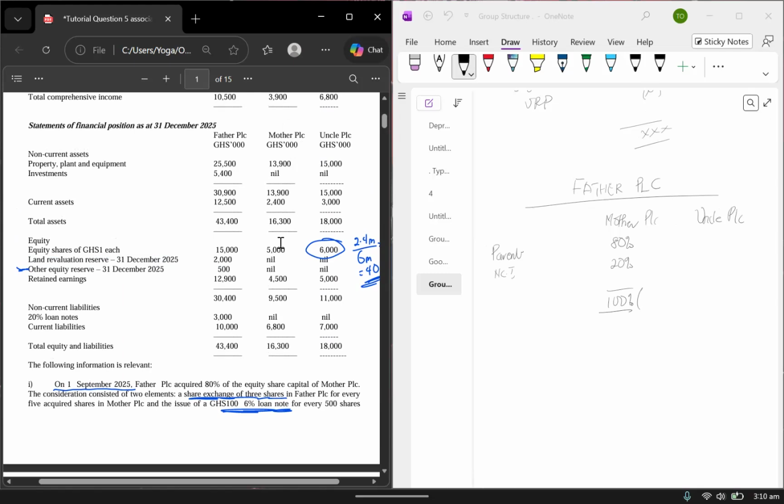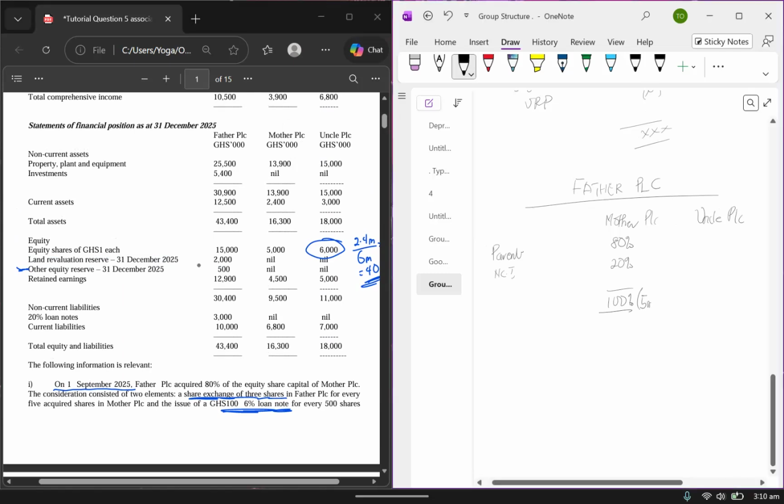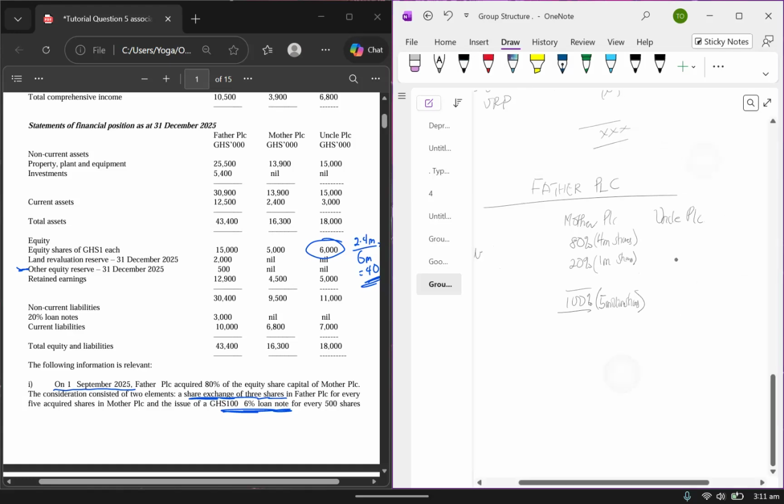So they have 5 million shares in total. And then the parent has acquired 80% of that 5 million. So 80% of that is 4 million shares. The remaining goes to NCI. That's 1 million shares.